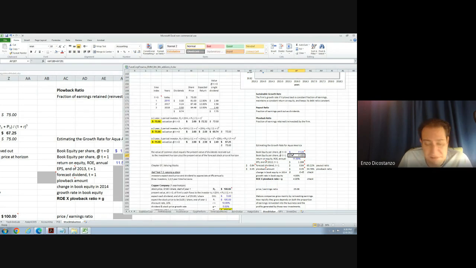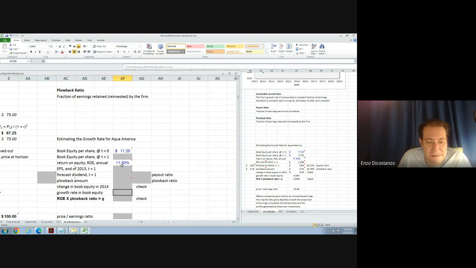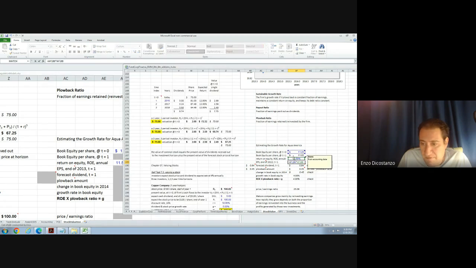So how do we do this? Here's book equity, which is here. So the EPS is going to be the book equity times the return on equity.